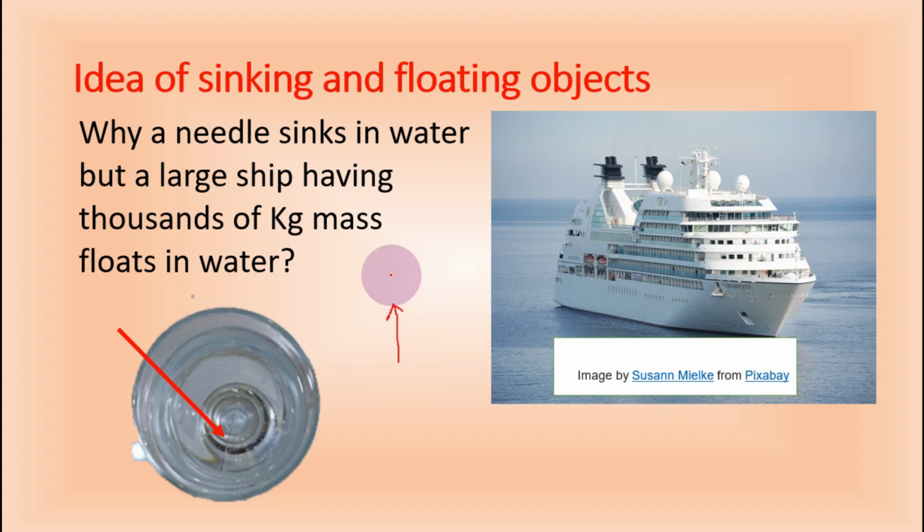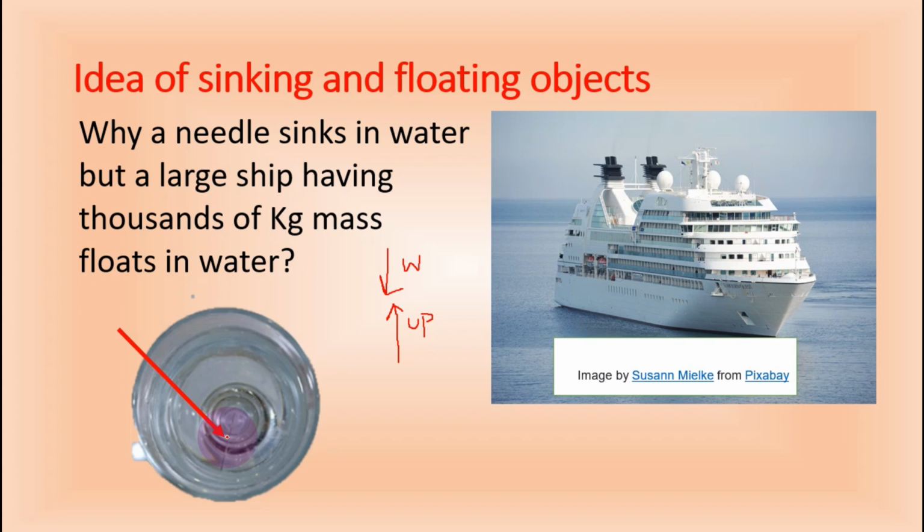Now, if the weight of the object immersed in a liquid, which is in the downward direction, is greater than the upthrust, then the object sinks, like the needle sinks in water, because there is less upthrust on it.